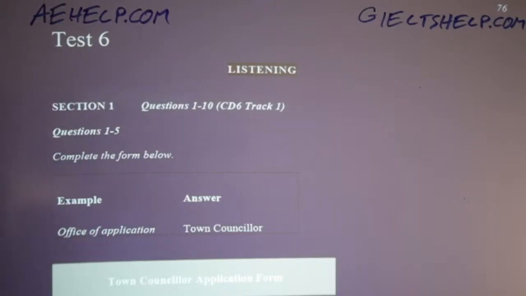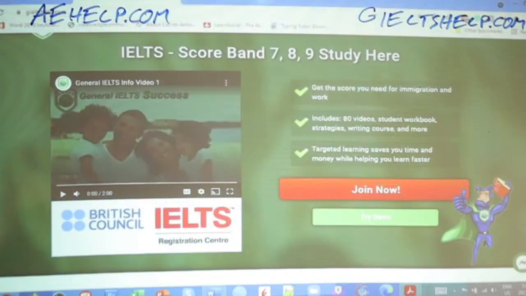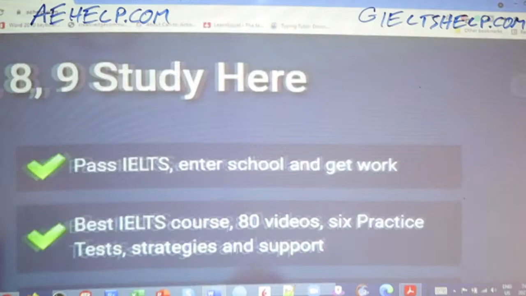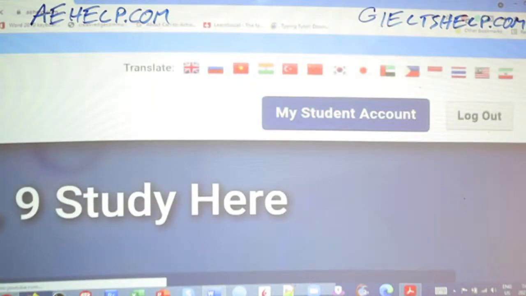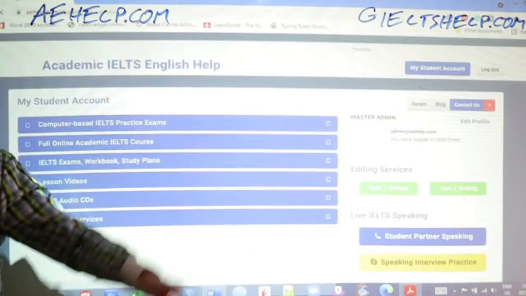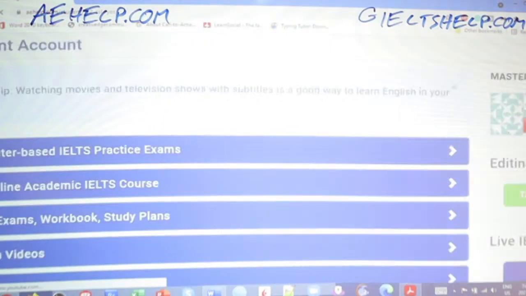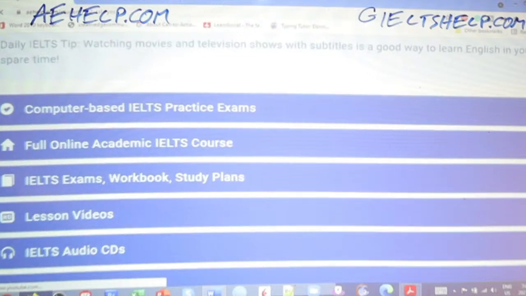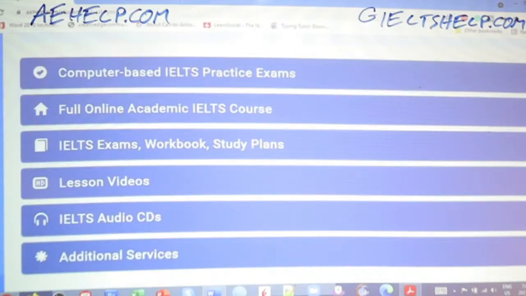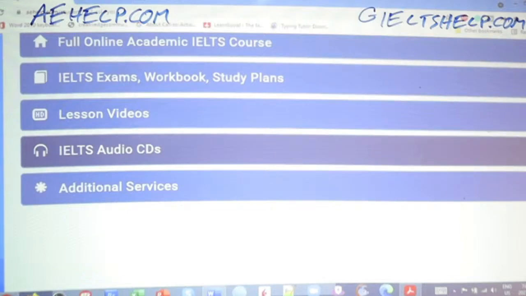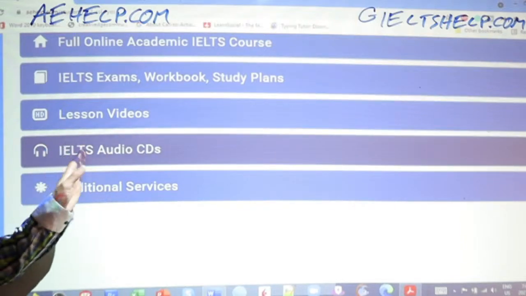All right, everyone. So I'm just going to hop back to our website here because I'm going to use that to play the audio. I'm already logged in, so all I have to do is enter my student account. And then in my student account, I have my computer-based practice exams. I have a full course, IELTS exams workbooks, lesson videos, and I have these audio CDs.